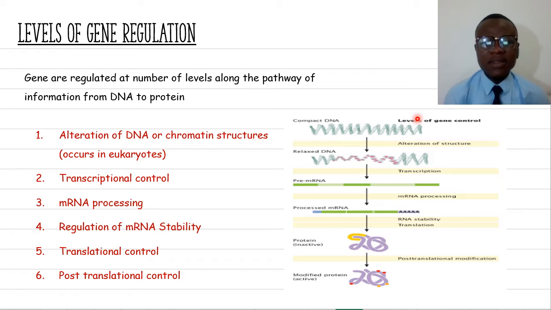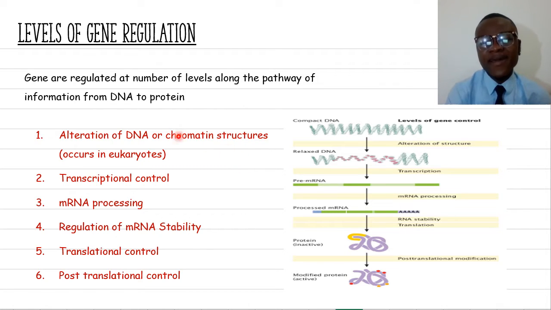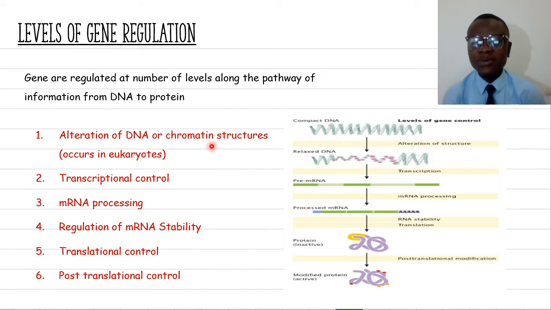The first level here is alteration of our DNA or chromatin structure. This is actually important when it comes to eukaryotic cells because in prokaryotic cells, the DNA is not as compact as in the eukaryotic cell, which happens because we need the DNA to fit into the nucleus.